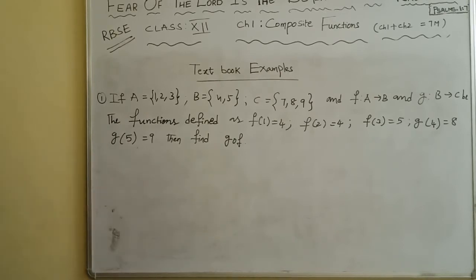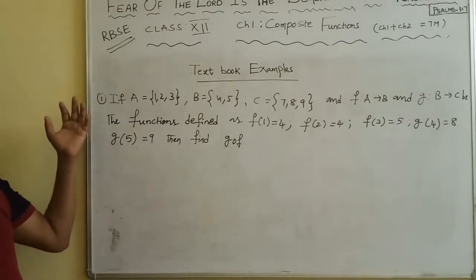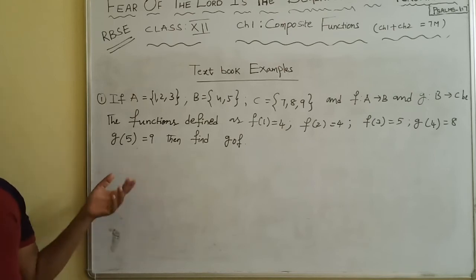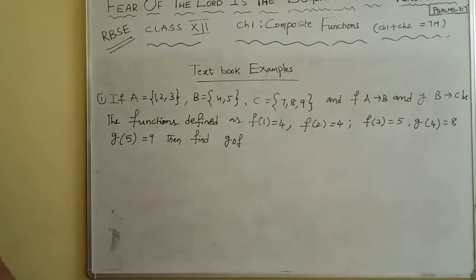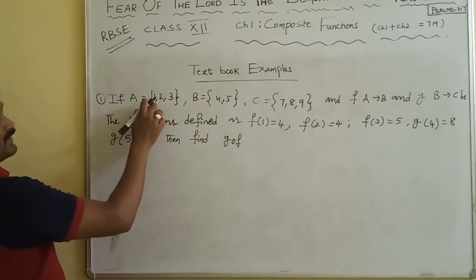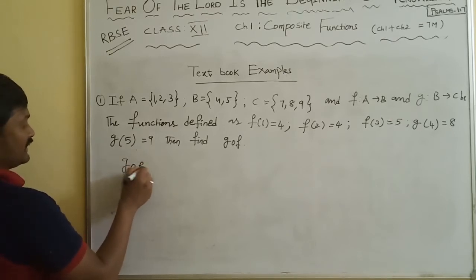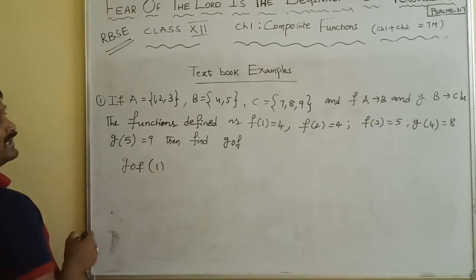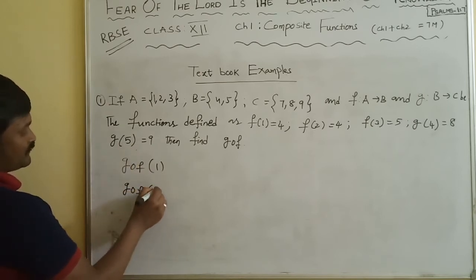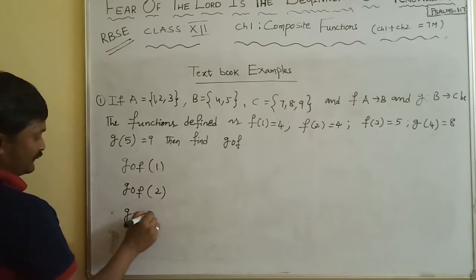How are we going to find this? Here itself they already provided that both are functions, so it is well defined, and we can directly find g circle f. Here A has 1, so first we need to find g circle f of 1. Another one, g circle f of 2. Another one, g circle f of 3.